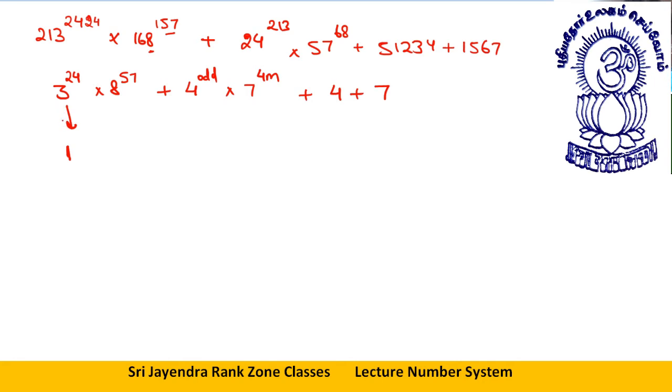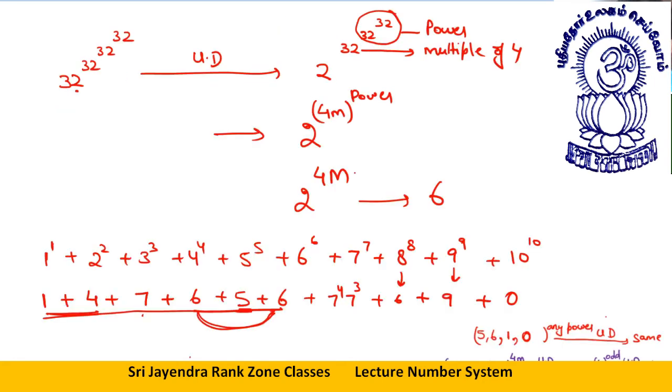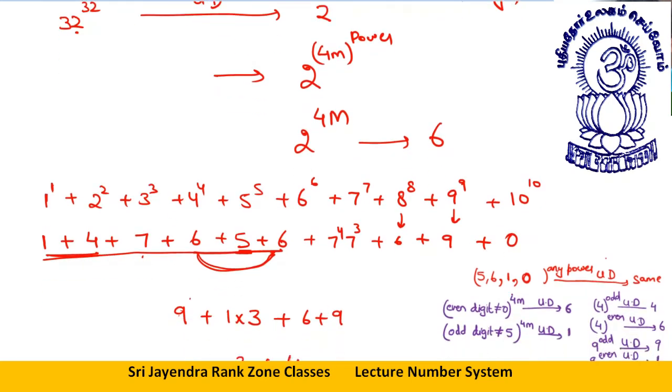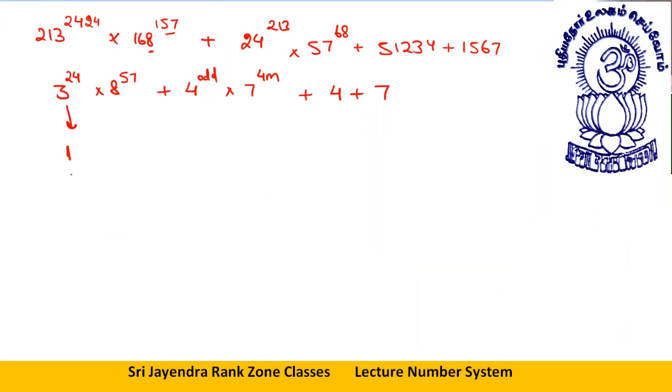Do I need to show you the chart? Here we have odd digit raised to a power of 4 will give me 1, into 8 raised to power 56, 8 raised to power 1, 4 raised to an odd power is 4, into 7 raised to power 4 multiple is 1.